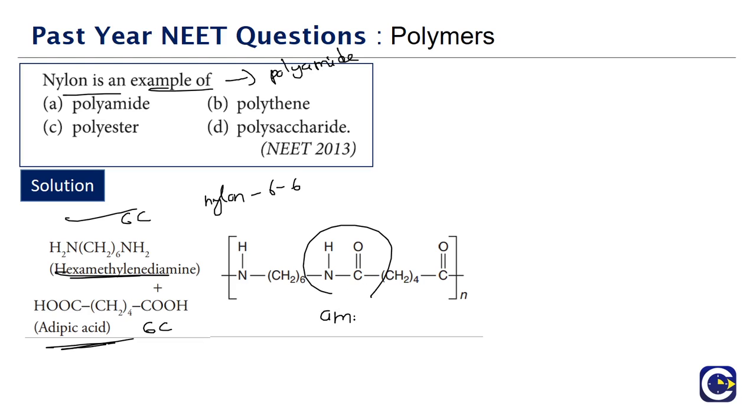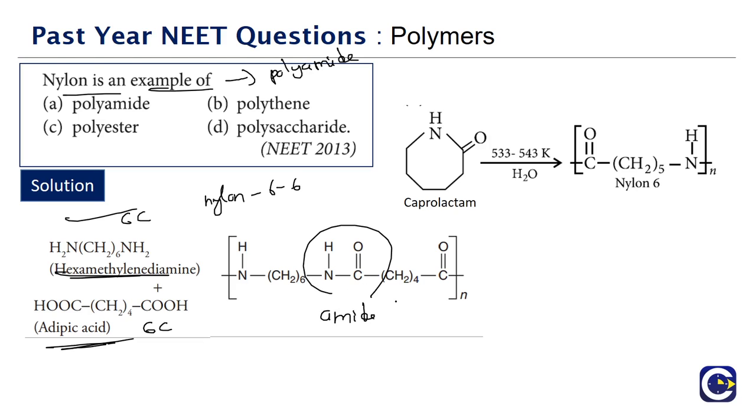NHCO, the amide. Not only this, even if you look at nylon 6 itself, which is a homopolymer of caprolactam, right, the polymer chain on this side, what will we get? CO will come. So all these nylons, whether it is nylon 6,6 or nylon 6 or nylon 2 nylon 6 or nylon 610, all of these are examples of polyamides.